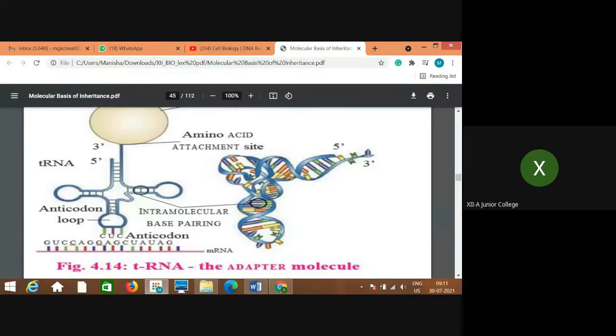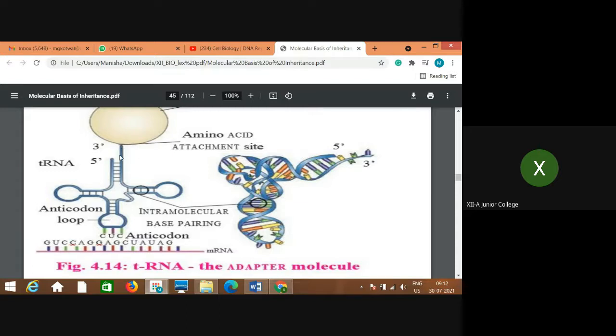Now, the structure of tRNA, which you have already studied last year, but still, you should know all the basic things which are very important in case of tRNA. Now, you can see tRNA has these 3 arms and loops, and one is free without any loop, and these 2 arms are unequal. The shorter one ends with the 5 prime end, and the longer one ends with the 3 prime end.